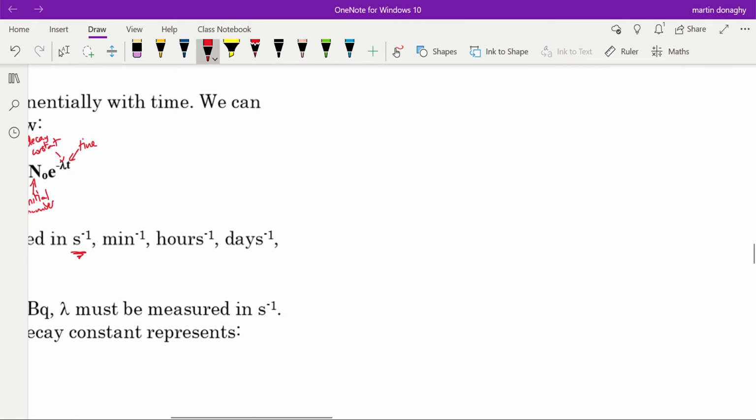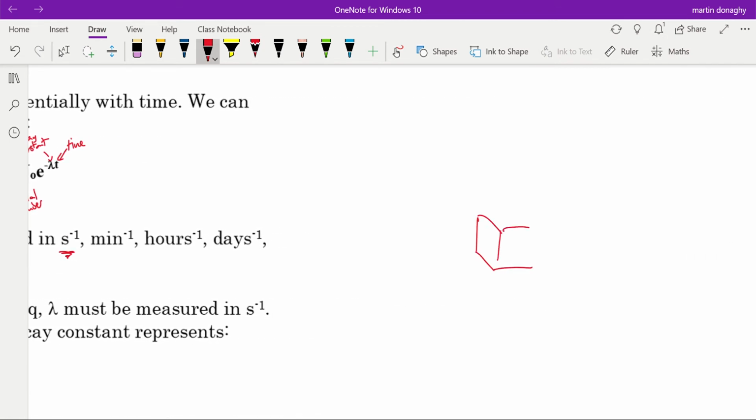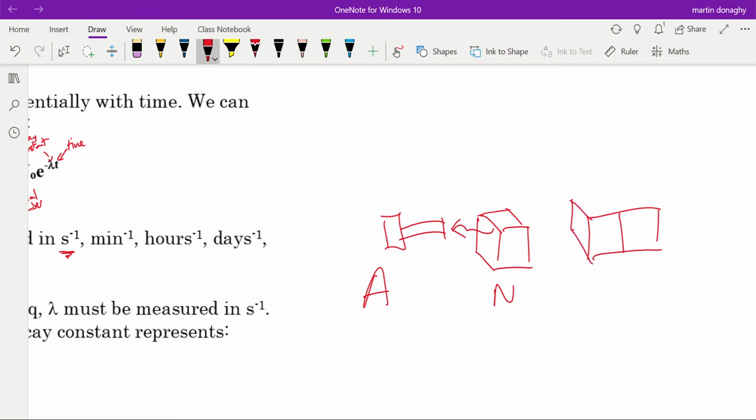Let's say I have a certain sample that contains some number N, and I use a Geiger-Müller tube to measure the radiation being emitted, and I get some activity A. If I have twice as much of that substance, I should expect twice as much radiation coming off it, so my Geiger-Müller tube should give twice the activity. So if you have double the amount of unstable nuclei, you should expect to get twice the activity.